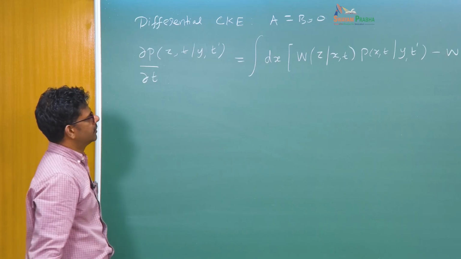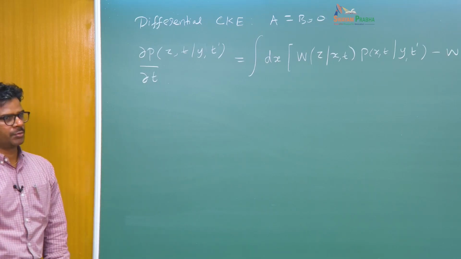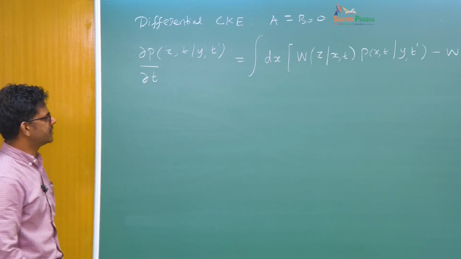So this is the differential Chapman-Kolmogorov equation for a discrete process.